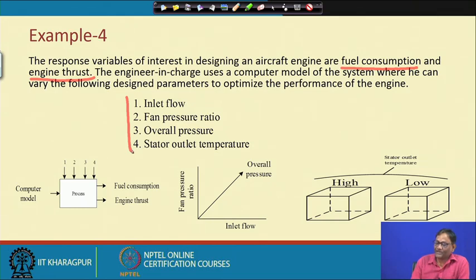So, here the engineer is interested to use a computer model. It is not that in the laboratory he will be doing the experiment with all the real production stuff, he will be using a computer model, and computer based experiments will be developed. Okay.